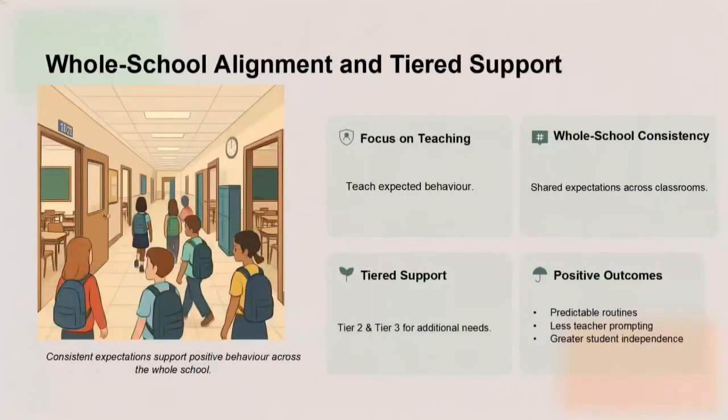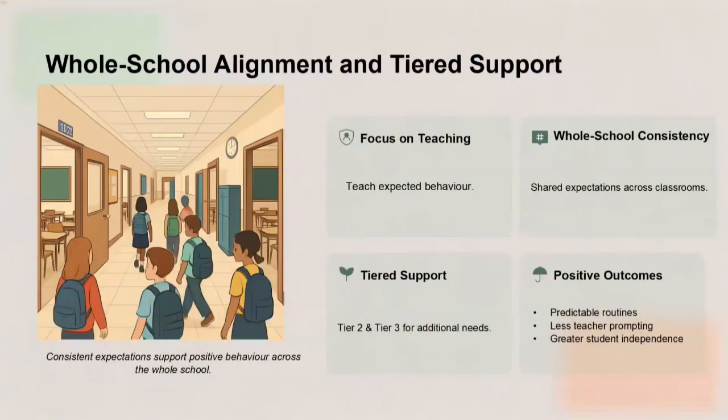Okay, let's go to whole school alignment and tiered support. Positive reinforcement focuses on teaching students what to do instead of simply correcting inappropriate behavior. Not all students respond to positive reinforcement in the same way. Some may need additional Tier 2 and Tier 3 support within a whole-school PBL approach.